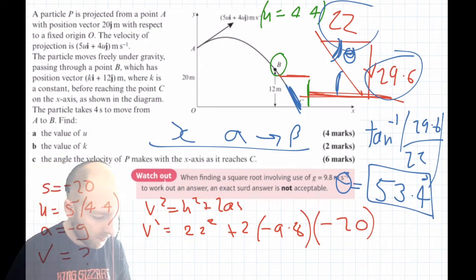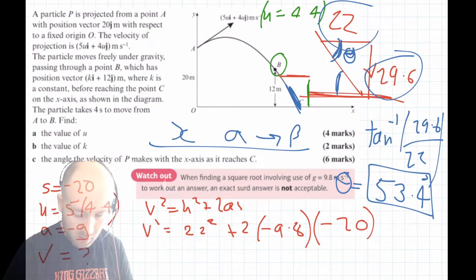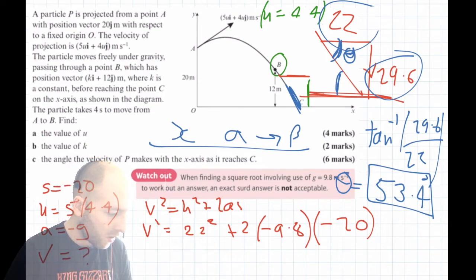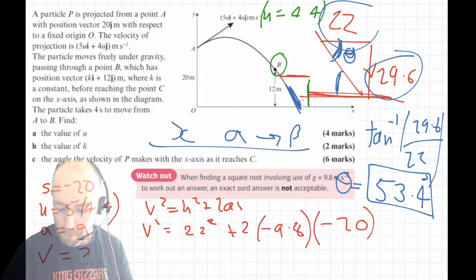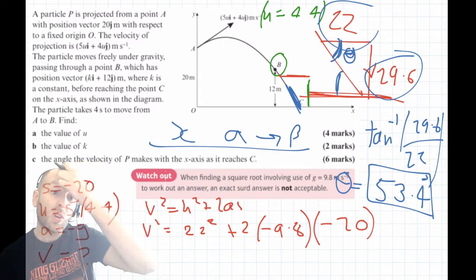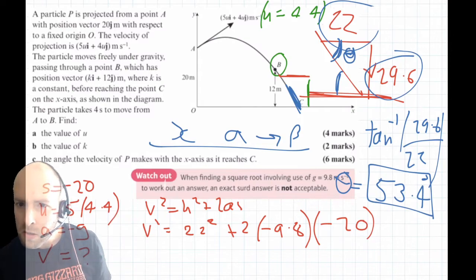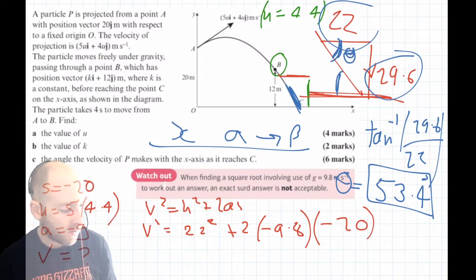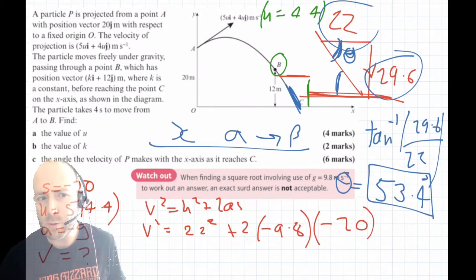Check the other one. Square root. Yep. Can you guys check your workings? Because I believe the angle is 53.4 degrees. I'm pretty certain of that now.